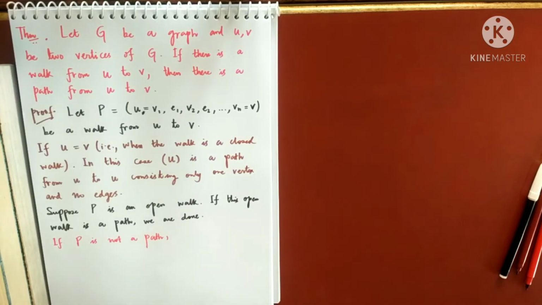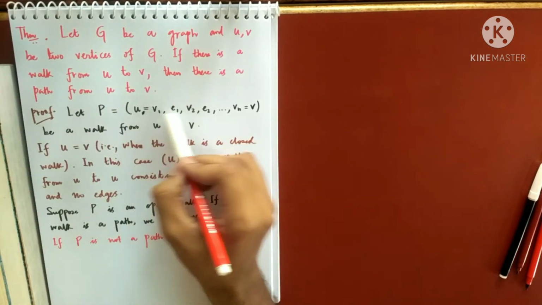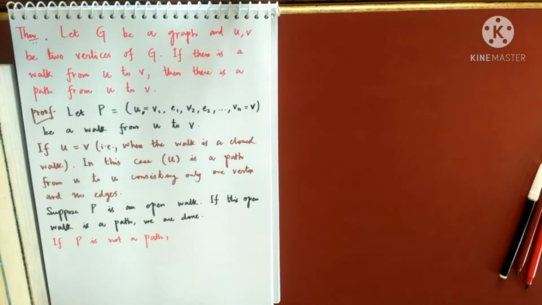So if P is not a path, that means P has either some repeated edges or some repeated vertices. As simple as that. If P is not a path, it will definitely have some repeated edges or some repeated vertices. Now see here, when the edges are repeated, that automatically implies that the vertex will also be repeated.